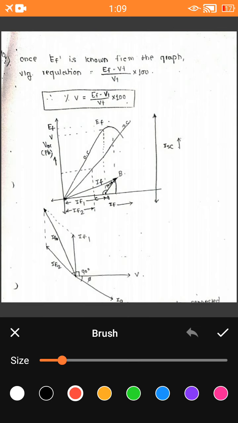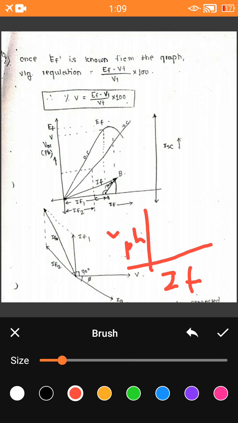So let's start to explain. First of all, draw the OCC characteristics, IF versus VPH. Then draw the second characteristic, that is IF versus ISC. So this is IF, this is ISC.